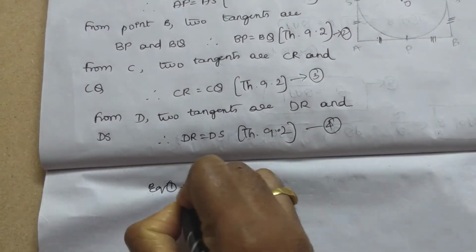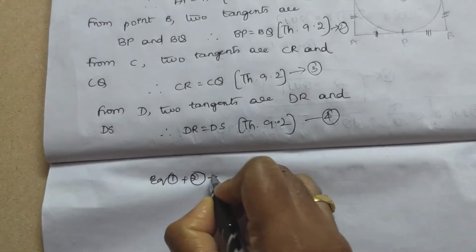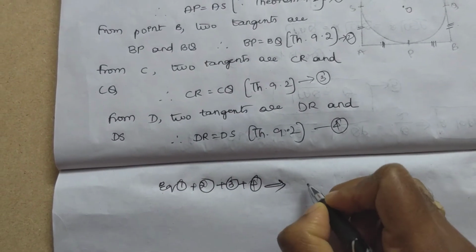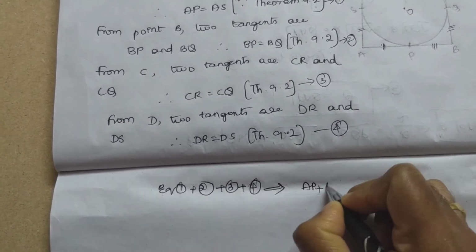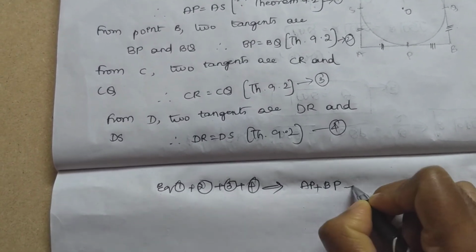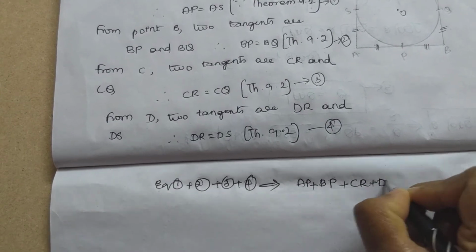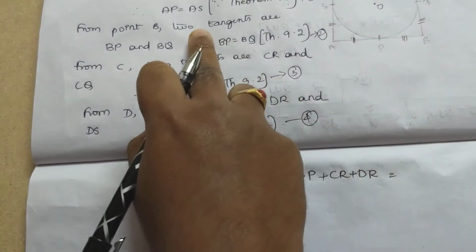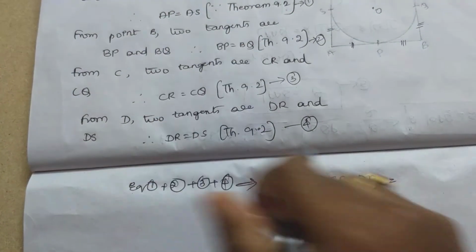Let's see what we get. Equation 1 plus 2 plus 3 plus 4. So what do we get? AP plus BP plus CR plus DR equals. What is on the right hand side? Let us add all of them.